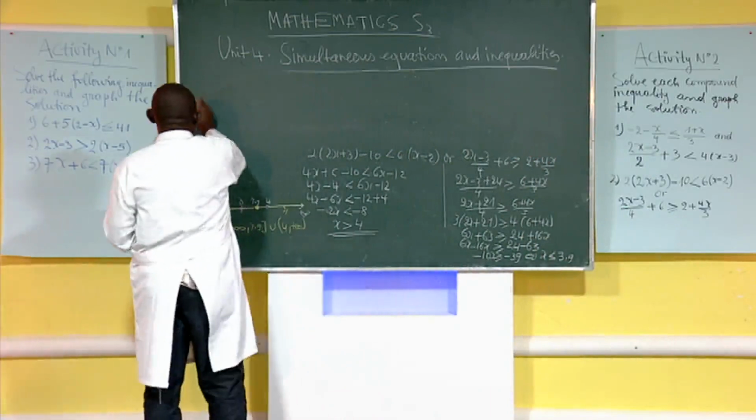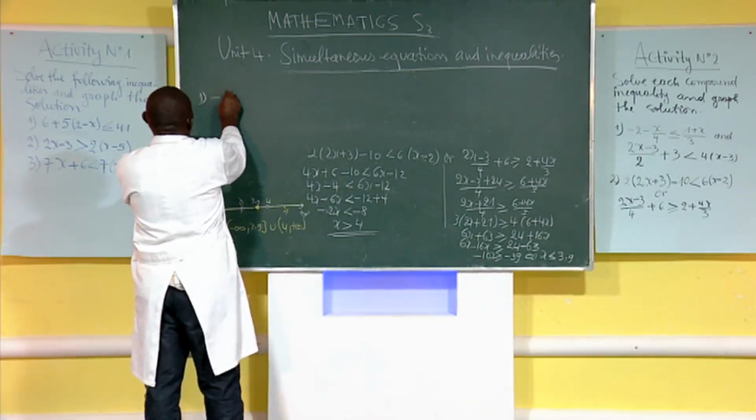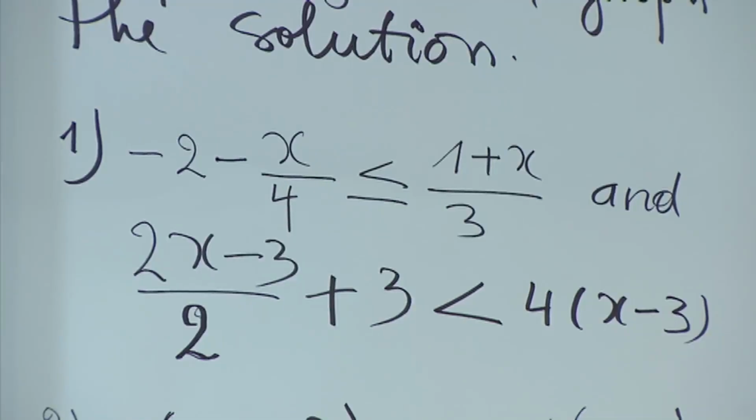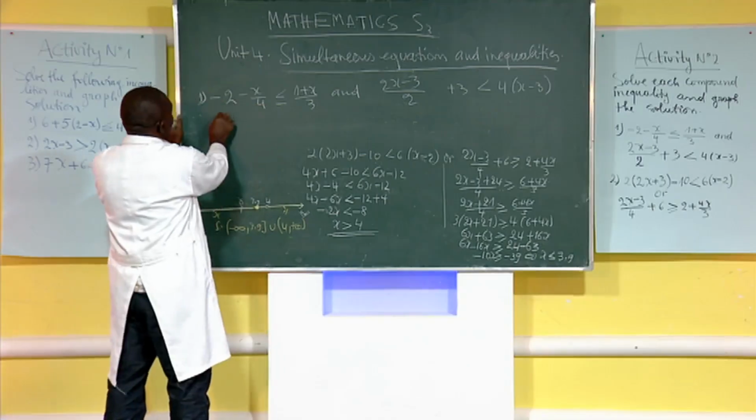Number 1, we have minus 2 minus x divided by 4, which is less than or equal to 1 plus x divided by 3, and 2x minus 3 divided by 2 plus 3, which is less than 4 times (x minus 3). Here we have one common denominator.